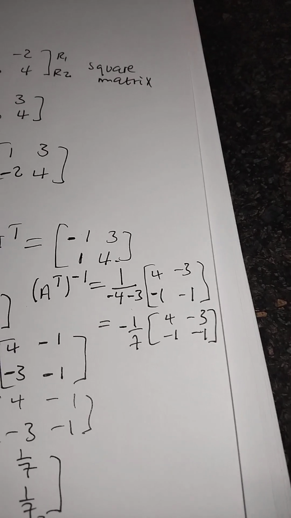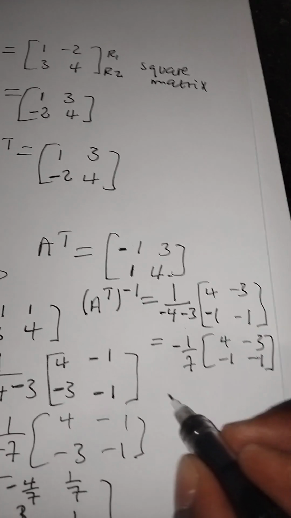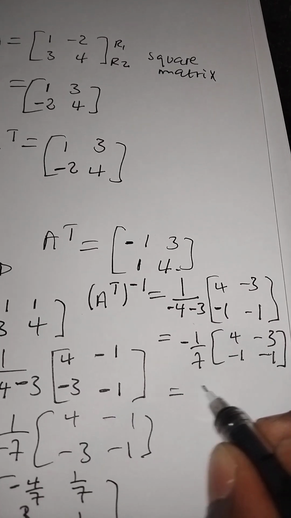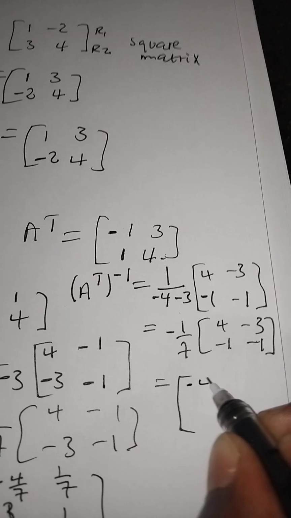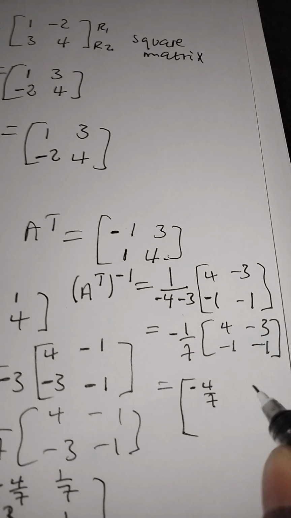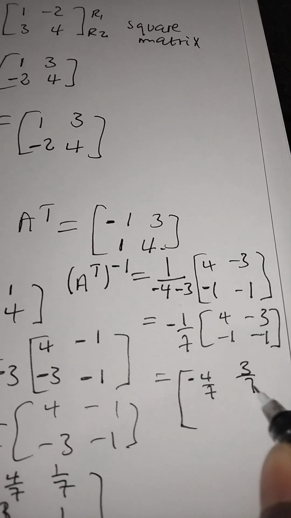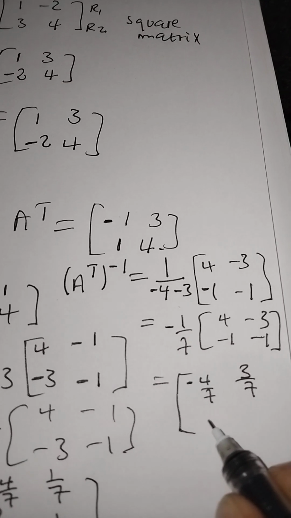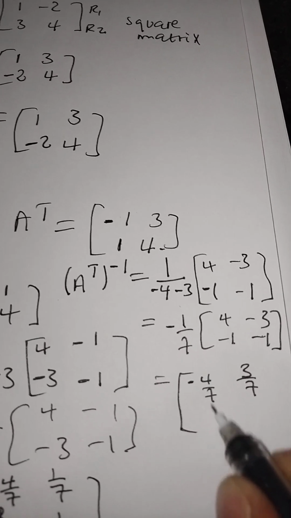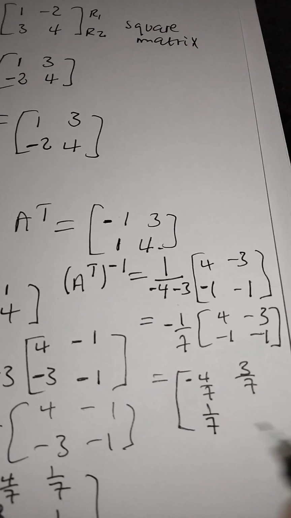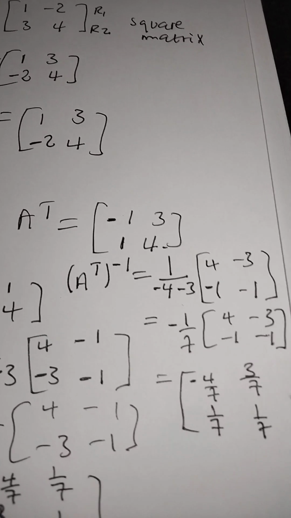Just like that. Then this is going to be simplified to minus 1 over 7, 4 over 7, 3 over 7, and 1 over 7, just like that.